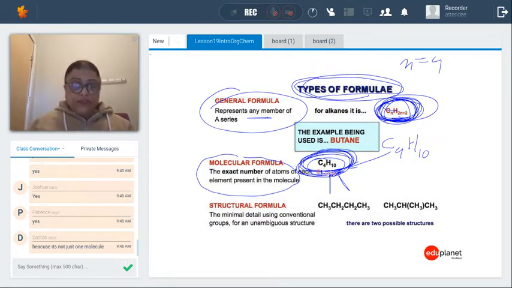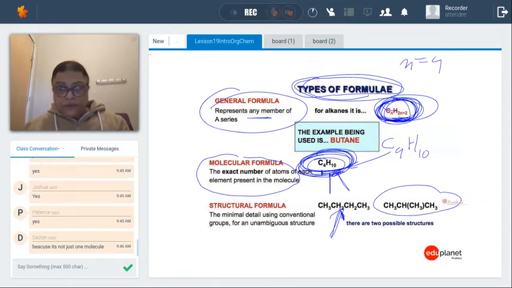It is because C4H10 does not represent one molecule. This is C4H10, and this is also C4H10. So only when you have the structural formula, you have the real structure of the molecule. And let's look.